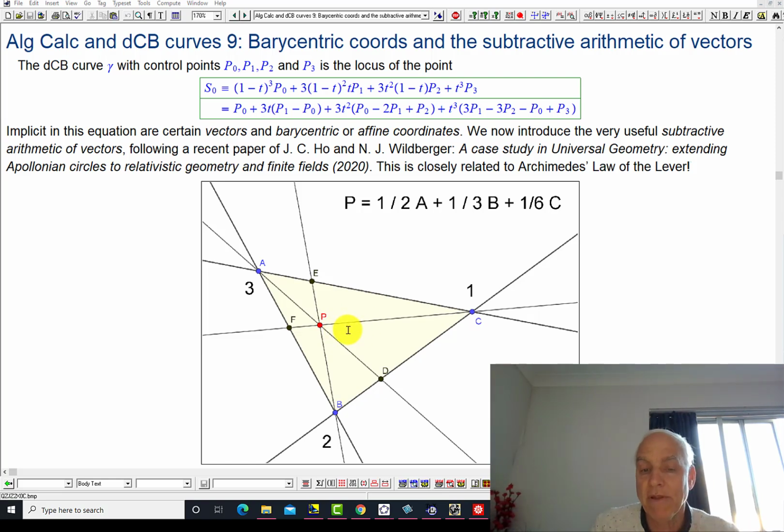And what that means from an Archimedes point of view is that if you take this vector from P to A and you multiply it by 3, it's a bigger vector, and then you add the vector PB multiplied by 2, and then you take this vector from P to C and multiply it by 1, the sum of those will be 0.